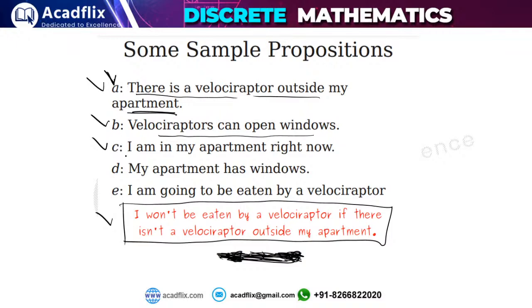This C is representing this proposition: I am in my apartment right now. And the fourth propositional variable D is representing this proposition: my apartment has windows. And E, the last propositional variable that we have, is representing this proposition: I am going to be eaten by a velociraptor.